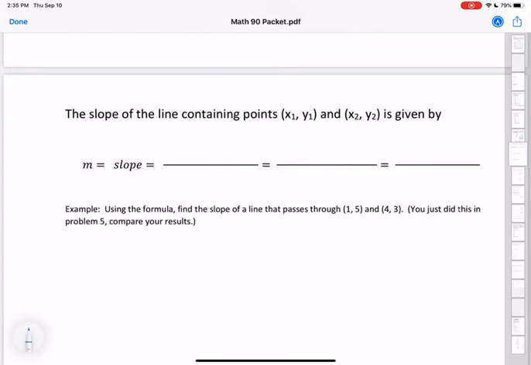And what we have next is it says that the slope of the line containing points (x1, y1) and (x2, y2) is given by m equals slope, which we already said is the change in y over the change in x, which is rise over run.